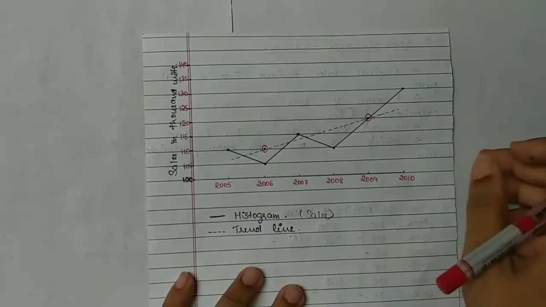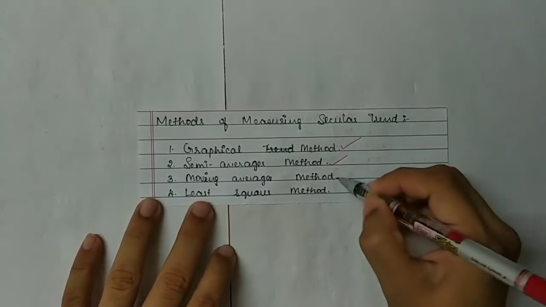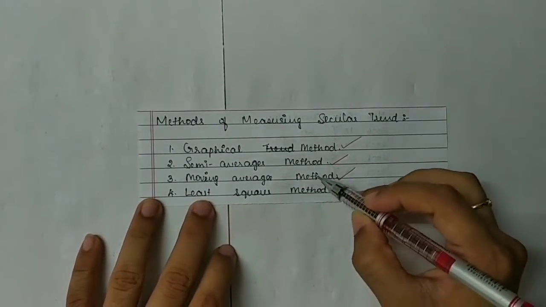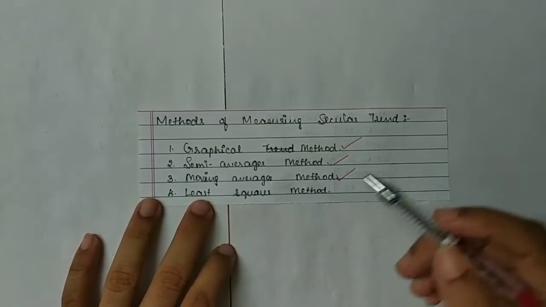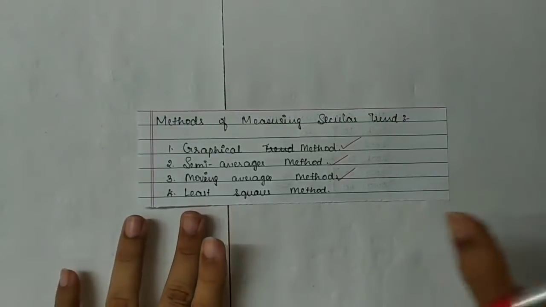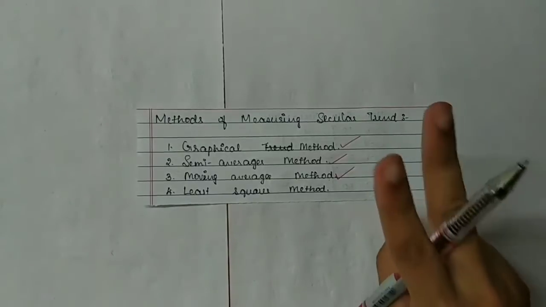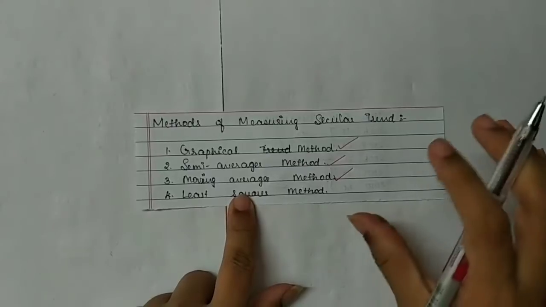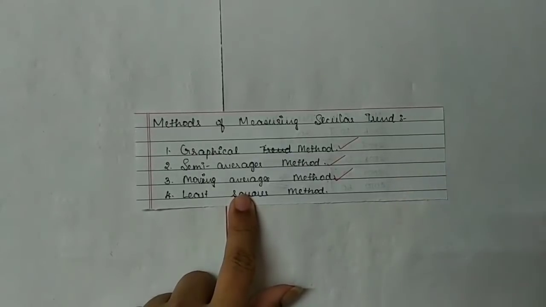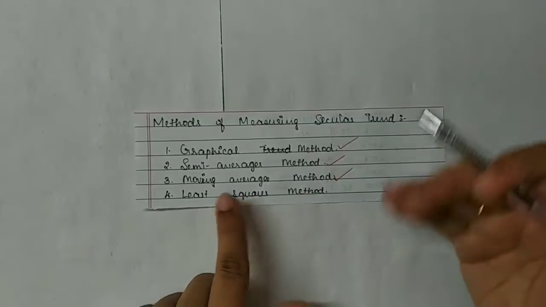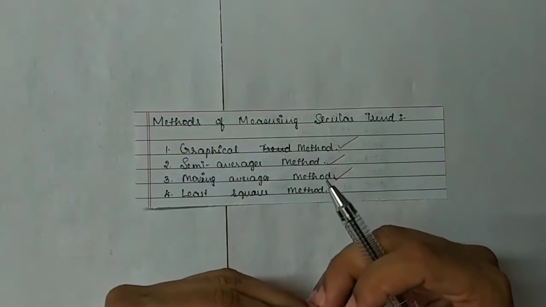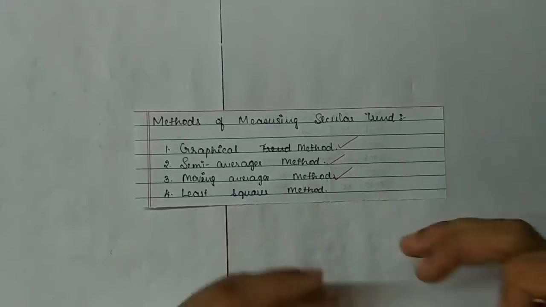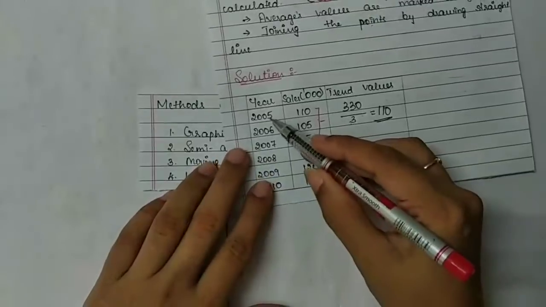Now let us go for the next method. Our third method is the moving averages method, isn't it? When it comes to the semi-averages method, we were asked to divide the entire data into two equal parts. But when it comes to moving averages, in the problem itself we will be told how many years we should combine. For example, they will ask you to calculate 3 yearly, means 3 years, 1, 2, 3.